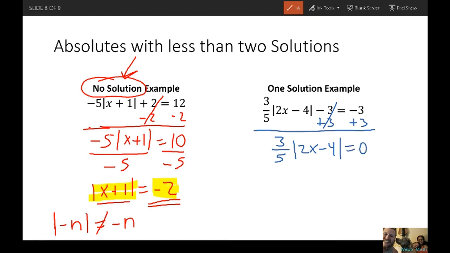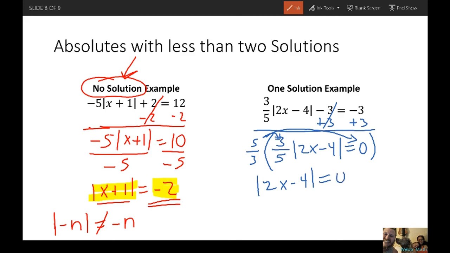Okay, we got a 0 on the right hand. I will go ahead and do the reciprocal of 3/5. I'll distribute. And I get the absolute value of 2x minus 4 equals 0.